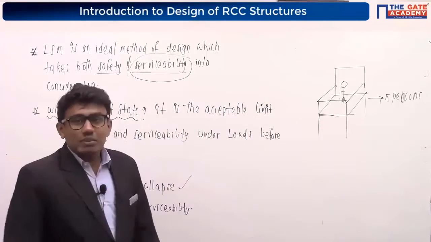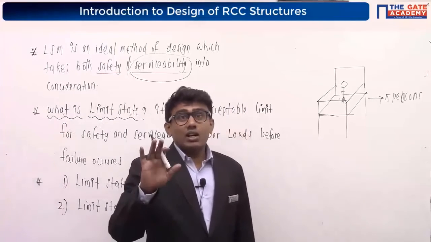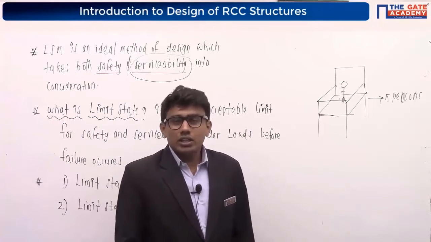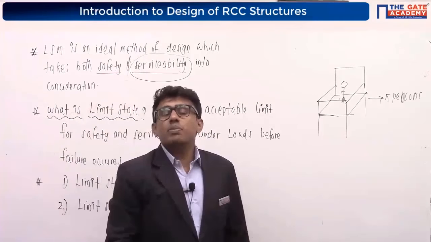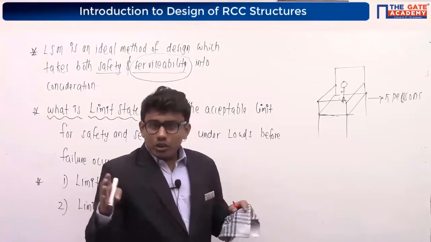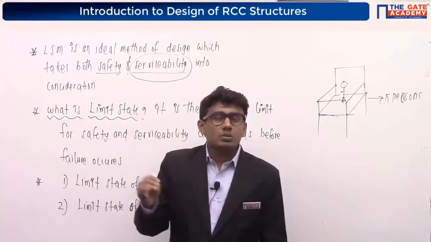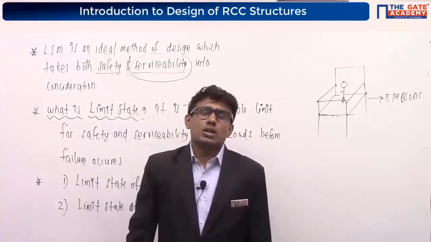Think about the example of the chair. How many persons' load can the chair carry? The chair can carry around 5 persons' load. If a 6 persons' load comes on the chair, the structure will fail. So what is the limit state of collapse there? 5 persons' load. Deflections and deformations must be within some permissible limit, or we can say we are limiting those values.